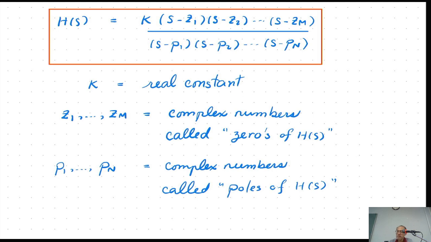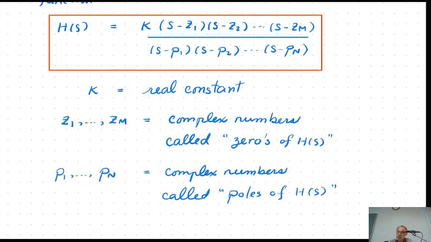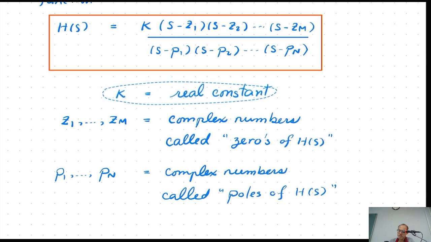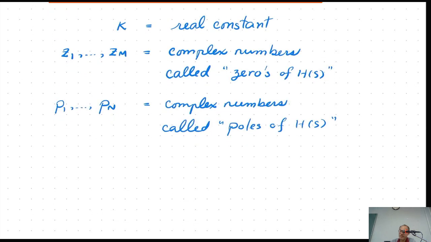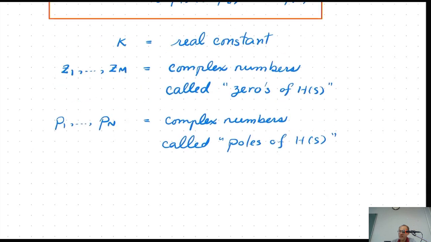Now we're going to consider 3 cases. The steps are as follows.